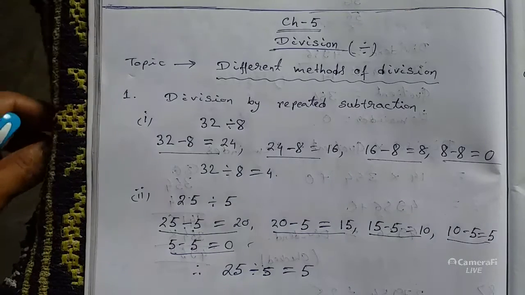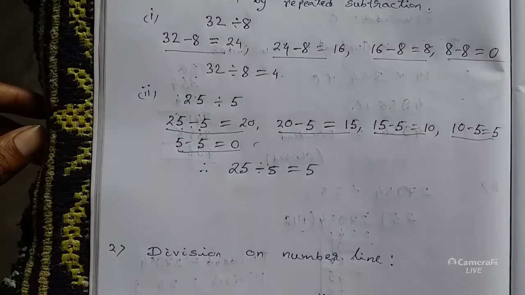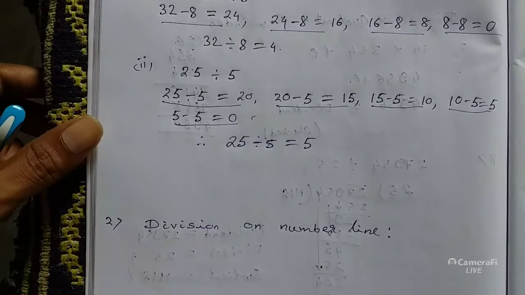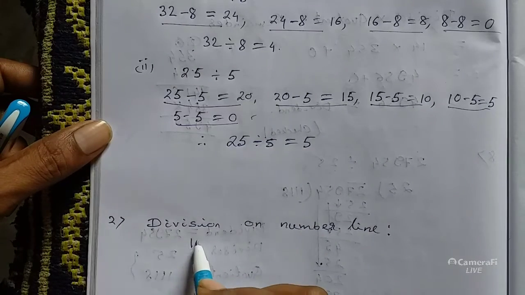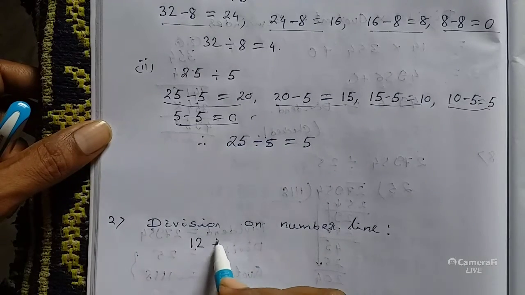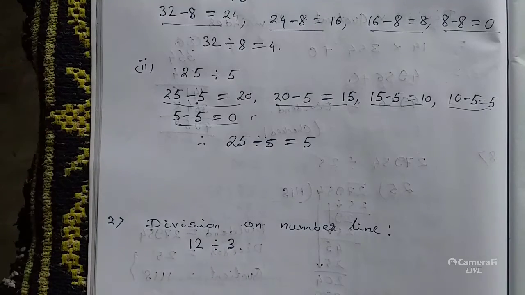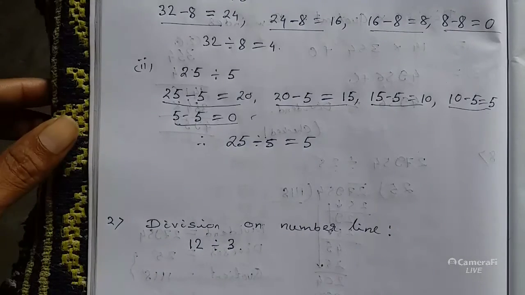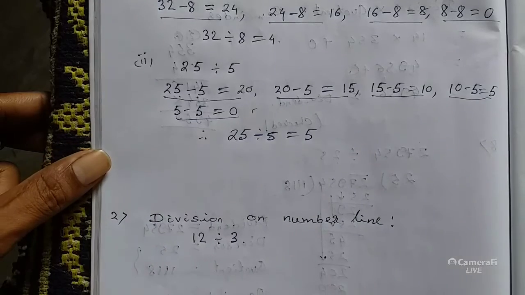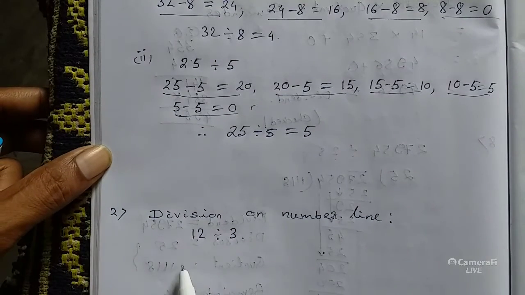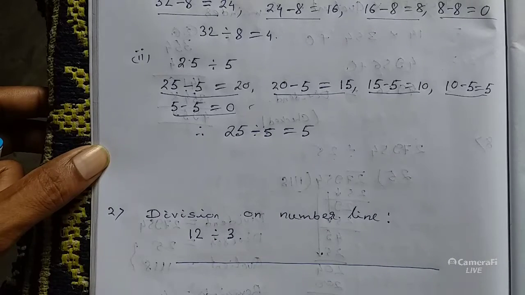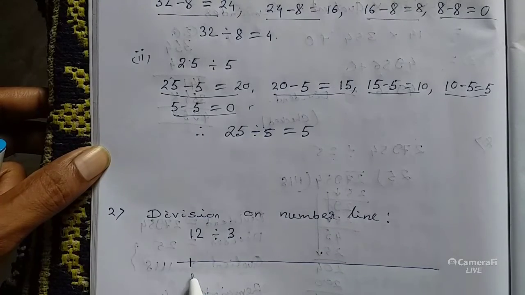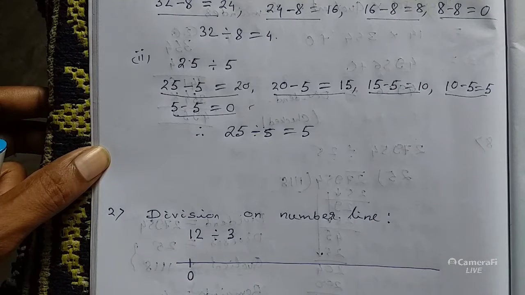Now coming to the second method, which is division on the number line. Suppose we are dividing 12 by 3. Okay. So in this method we will prepare a number line first. What is a number line? A line on which numbers are written.